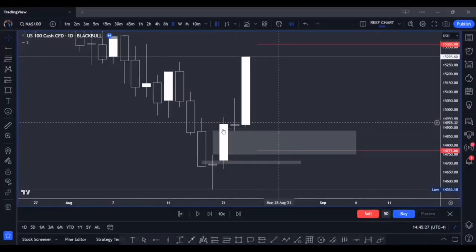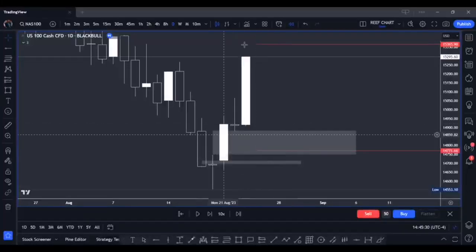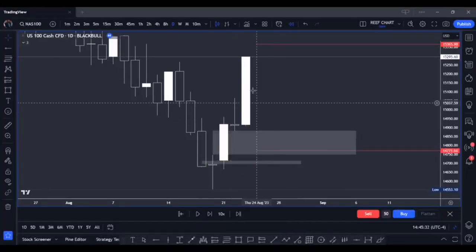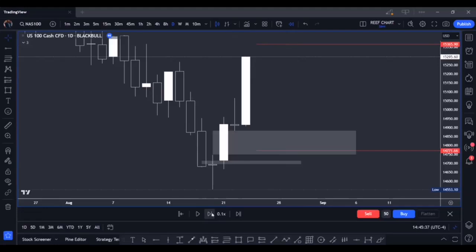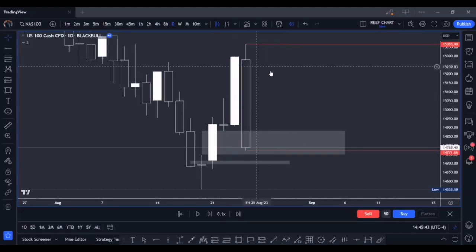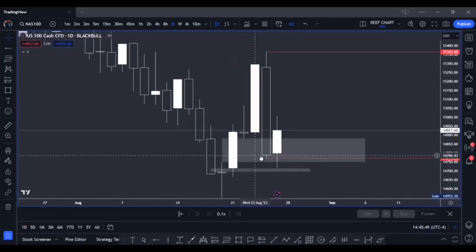Okay, so in order for this move to be properly balanced, the market would then want to what? Trade into this move, so that the market is evenly balanced. Okay, and the previous day taps into that the next day, sorry, and then the following day, what does it do?